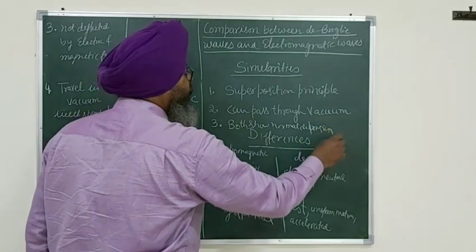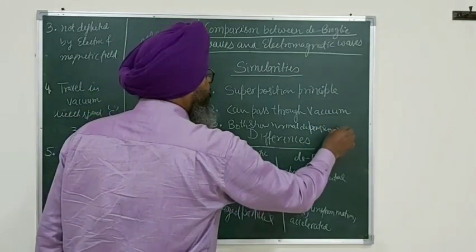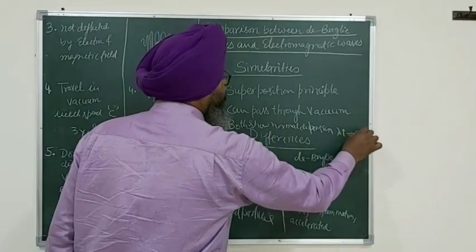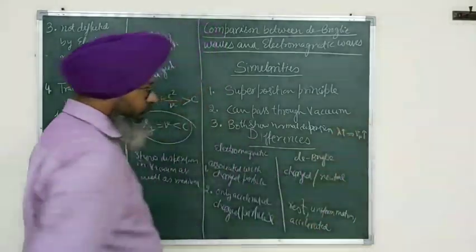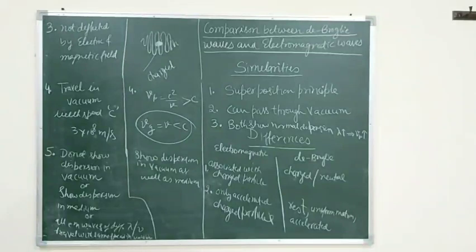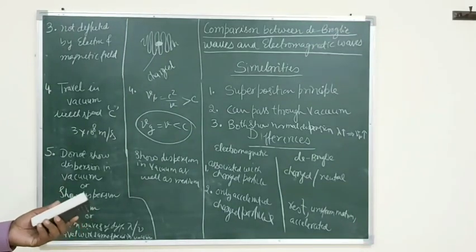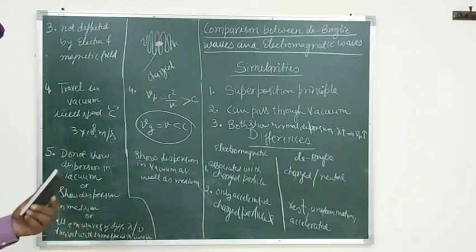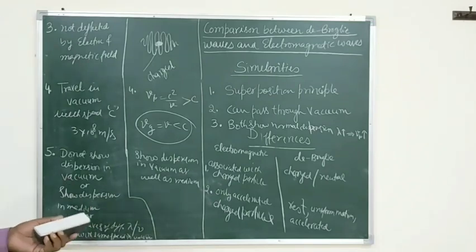What is the meaning of normal dispersion? Higher wavelength leads to higher speed, and this is common: the wavelengths which have high value will have high speed in case of dispersion, and the wavelengths which have low value will show low speed.